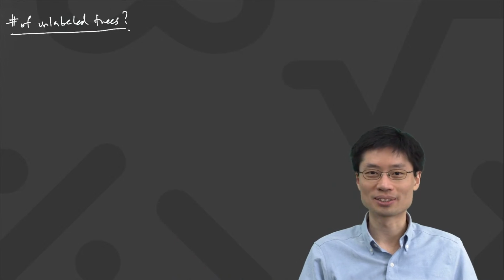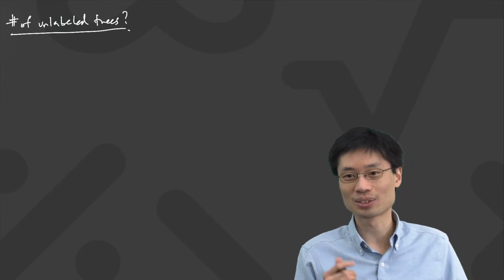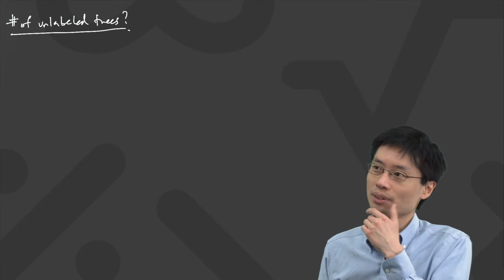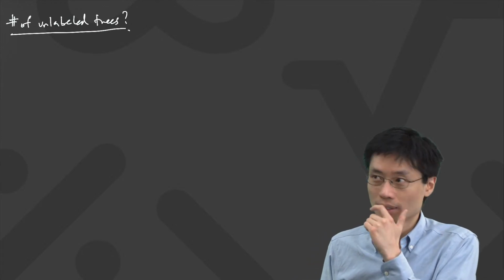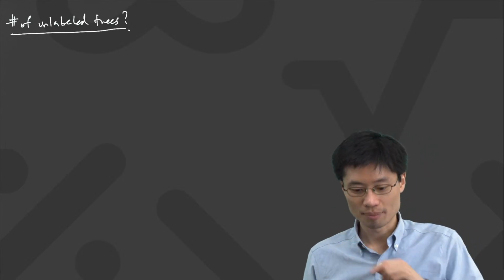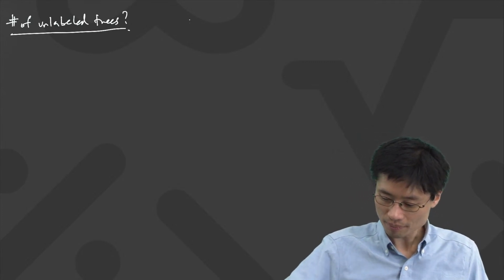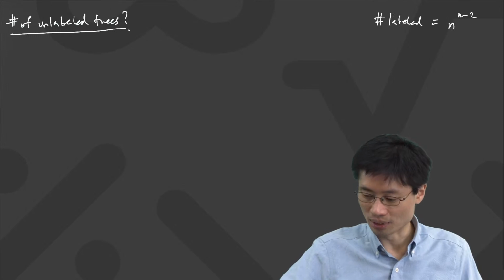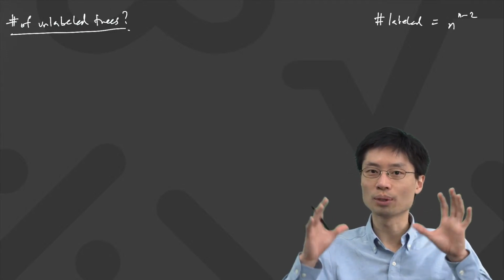Unfortunately, I think nobody knows a nice formula for the actual number, but there's a way you can approximate. For example, how many should there be? Remember, the number of labeled trees is n to the n minus 2. That's bigger than normal exponential.